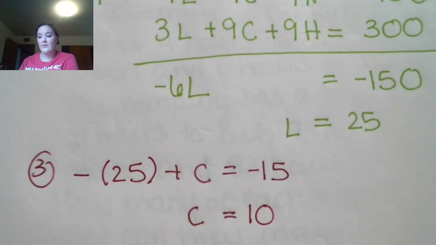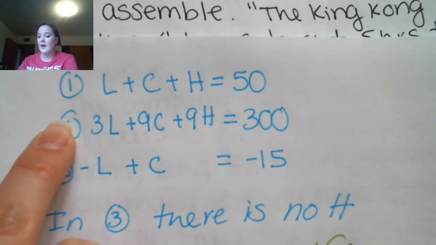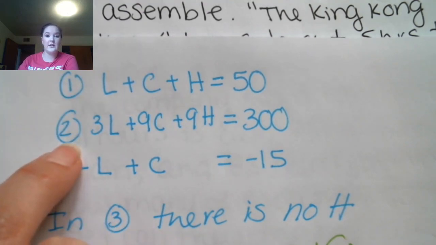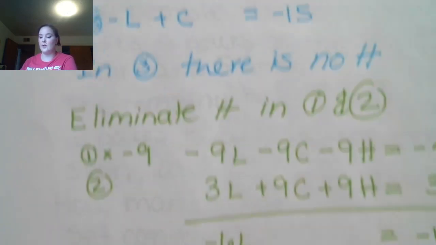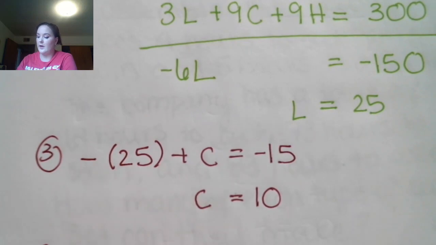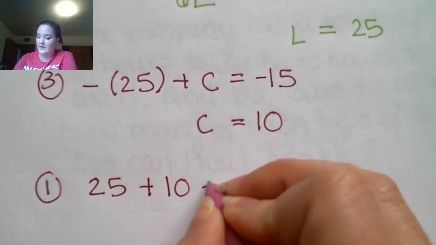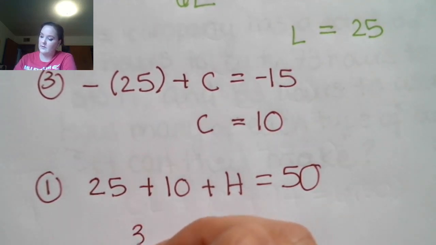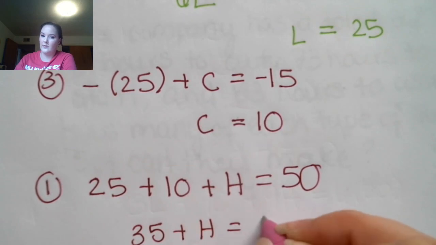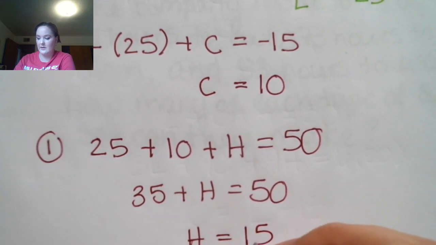Now I have the values for both L and C, so I can plug into either equation 1 or 2 to get the value for H. Just for ease, I'm going to plug into equation 1. So I'll have L plus C plus H equals 50. So 35 plus H equals 50, and that gives me H equals 15.